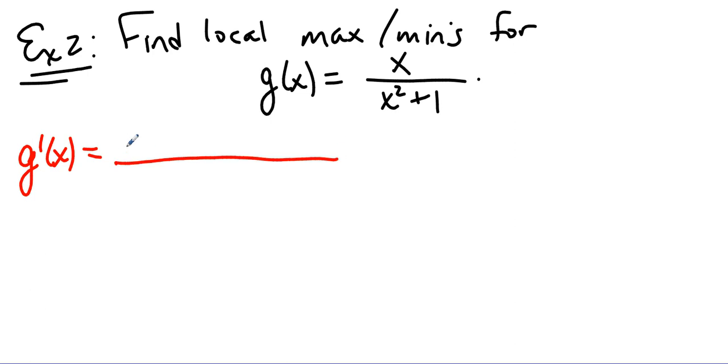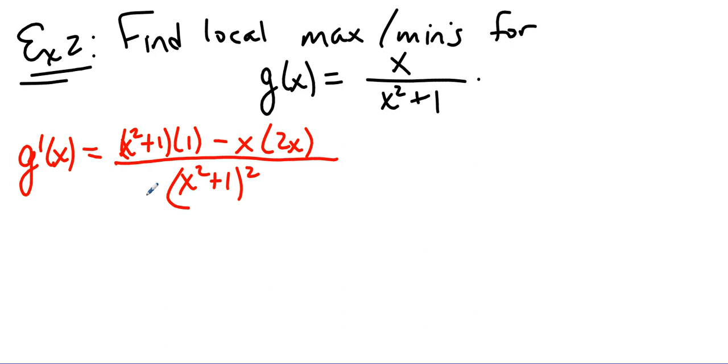That's quotient rule. Bottom times derivative of the top minus the top times the derivative of the bottom. So there it is. So what is that? Well, that's x squared plus 1 minus 2x squared, over x squared plus 1 squared, which is 1 minus x squared over x squared plus 1 squared.